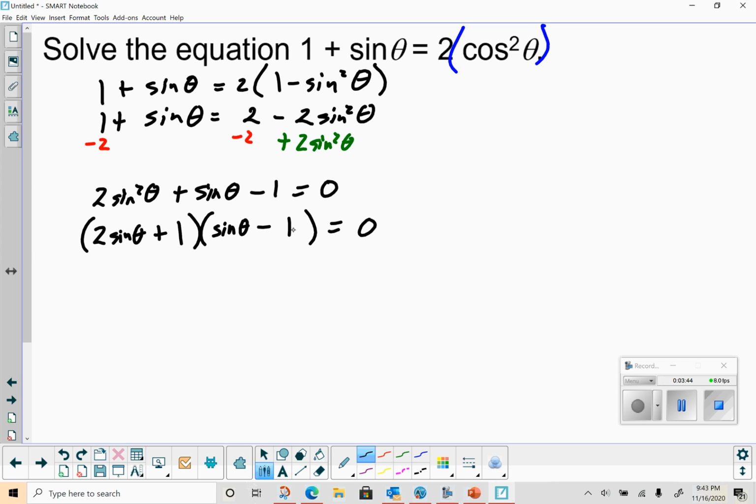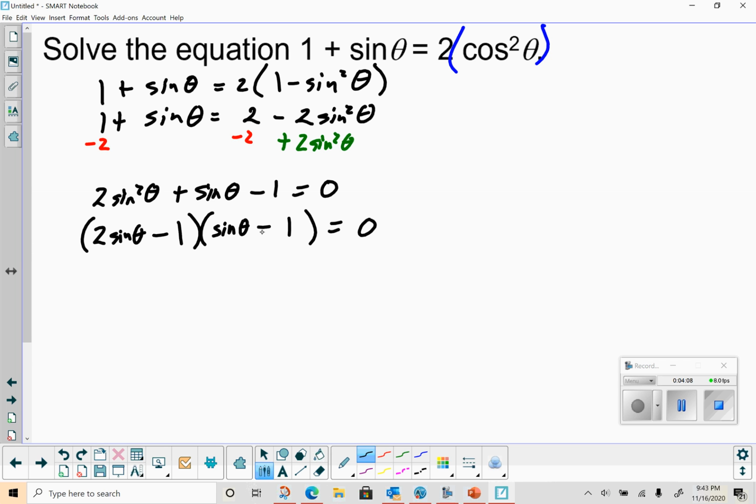All right, so we do the FOIL method, or at least the two middle steps there. The outside product will give me negative 2 sine theta. The inside product plus 1 sine theta. That gives me negative 1 sine theta. Oops, I needed to have that positive. No big deal. Reverse the signs. Change the addition to subtraction.